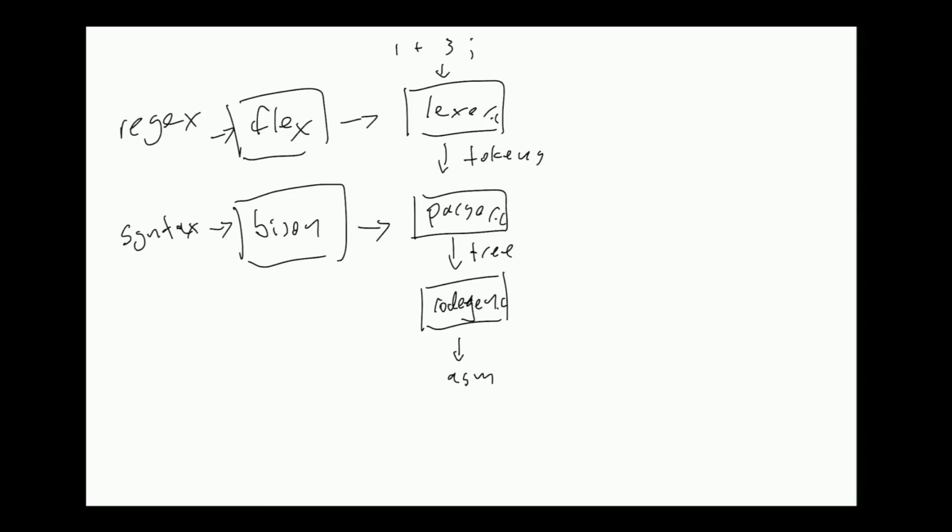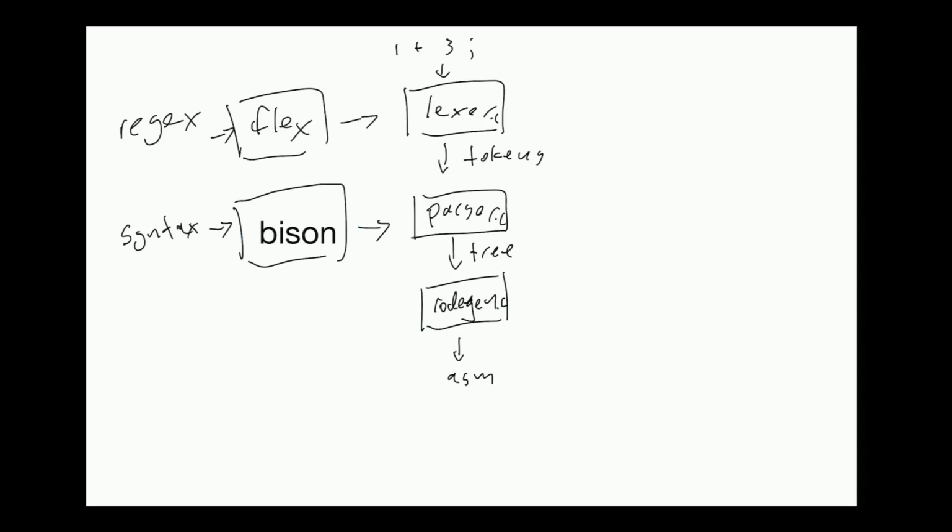Okay, questions? Yeah. What's the word to the right of syntax in the box? Oh, here. Sorry. This is Bison. I should probably do text boxes instead. Yeah, this is Bison, the name of a tool.